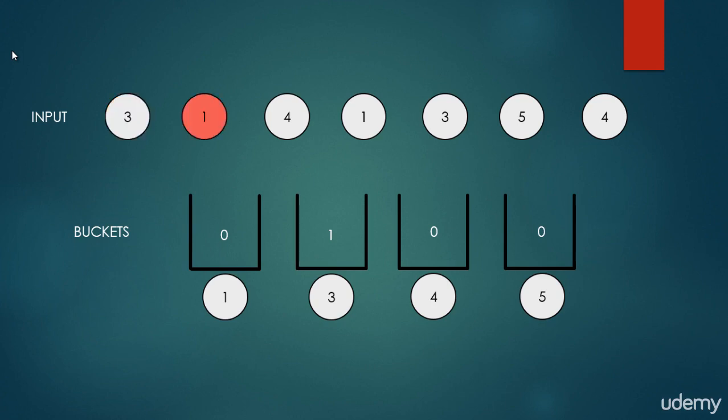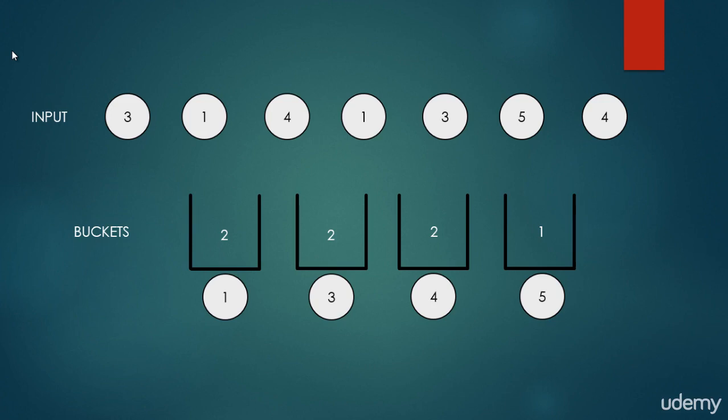Then a 1, so we increment the first bucket. Then a 4, so we increment the fourth bucket. Then it's a 1 again, so it's going to be 2 in the bucket. Then a 3 again, so it's going to be 2. Then this is a 5, so we change it to 1. And another 4, so we increment it to 2.